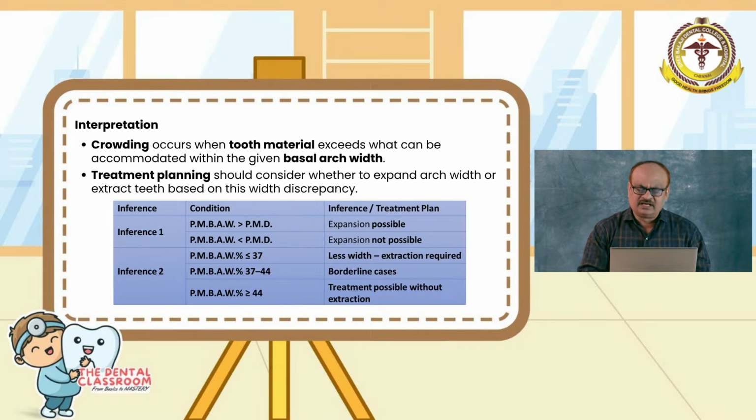If the ratio is 37 to 44%, it is called a borderline case. Either you think about extraction or non-extraction depending upon the profile of the patient or proclination of the teeth. If the ratio is greater than 44%, definitely extraction is not indicated, and you have to think about non-extraction means of treating the case. This is what is called Ashley-Howe's analysis.